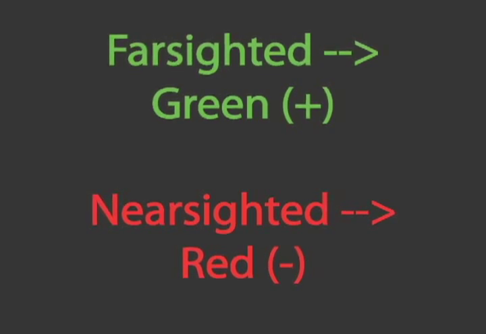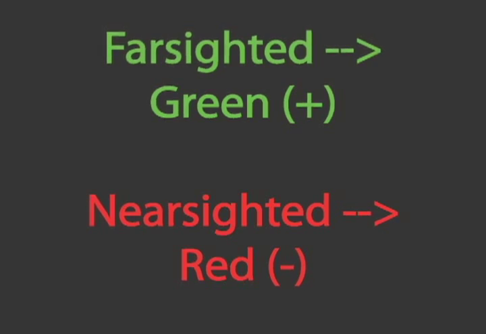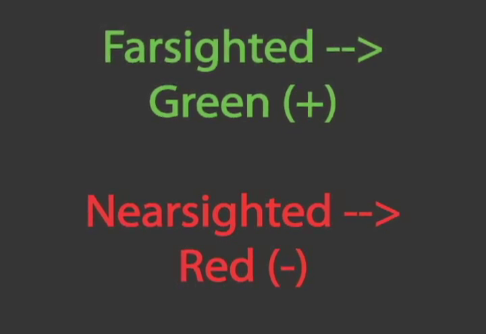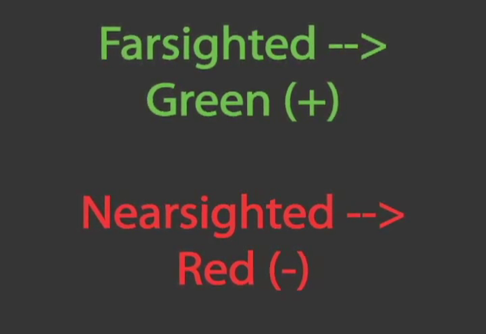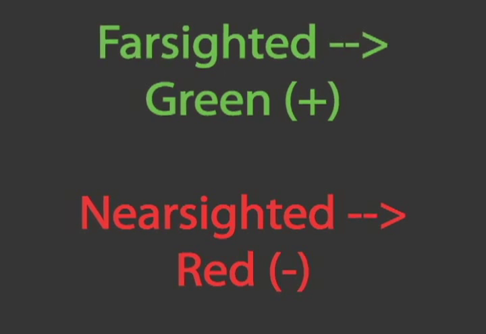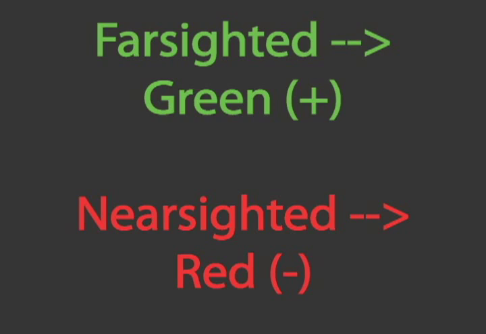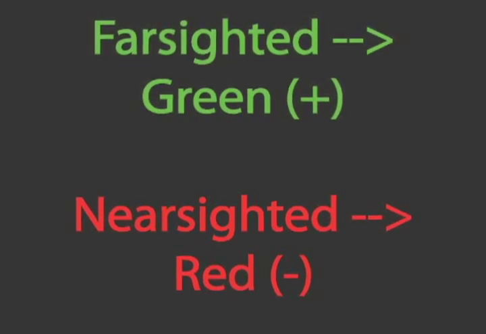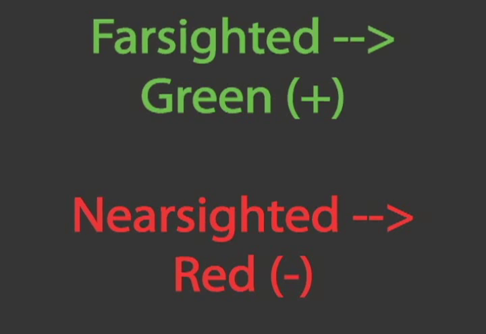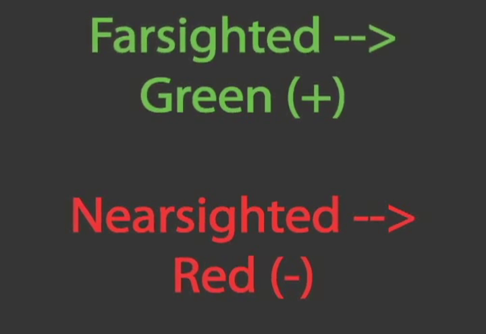If you're farsighted, meaning you have difficulty seeing up close, then what you want to do is turn the wheel towards green. Sometimes this is denoted as a positive sign on older ophthalmoscopes, and sometimes it's even noted in black. Alternatively, if you're nearsighted, meaning you have difficulty seeing far away, you want to make the wheel go more towards the red side, or minus, to help bring your focus into view.